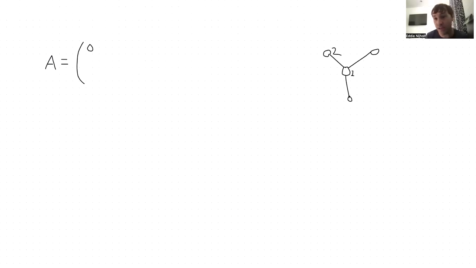So you put a 0 on the diagonal, and then whenever there is a connection to node j, you put a 1 there. So there's a connection from node 1 to 2, so I put a 1 at position 1, comma 2. There's also a connection here from 1 to 3, and there's also a connection from 1 to 4 in this example.